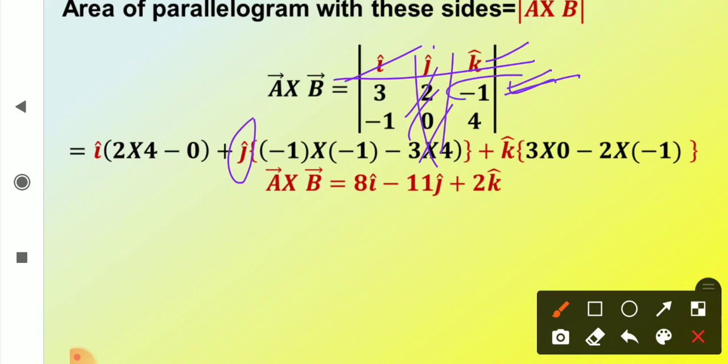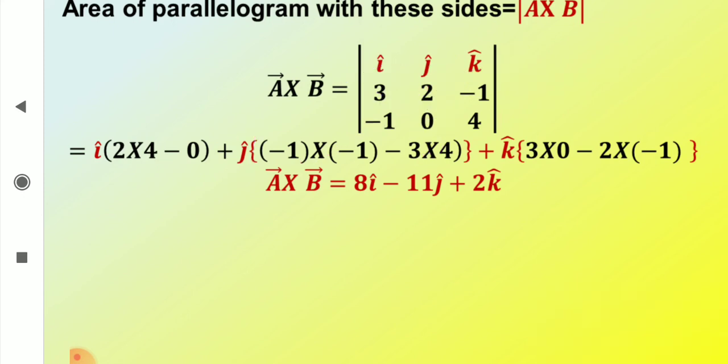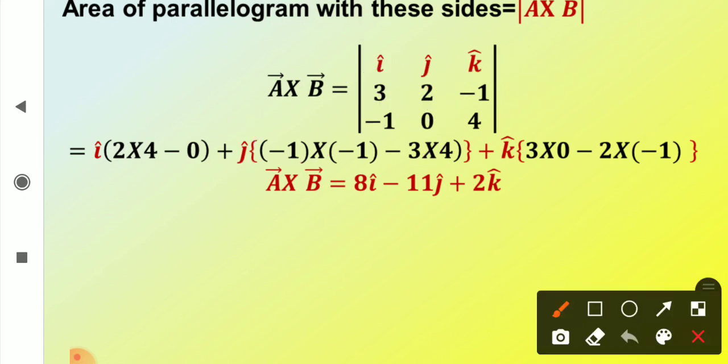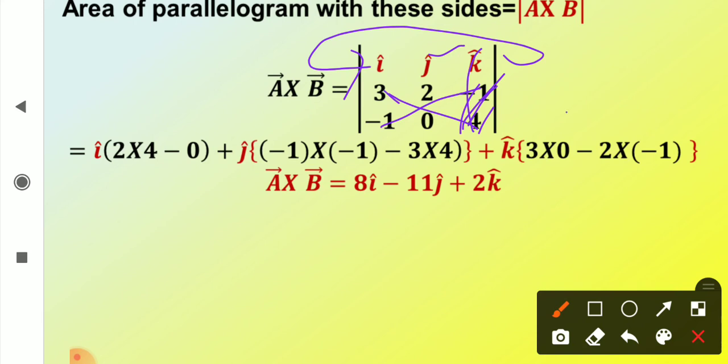So for j, you get minus of 3 into 4 minus minus 1 into minus 1. For k, leave this column and row, and after k, you turn to i, cyclic order. So 3 into 0 minus 2 into minus 1.